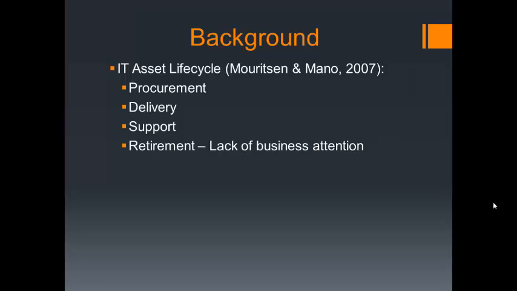Some of the other literature has shown that IT assets are not technically, in financial terms, categorized as assets. They're categorized as expenses, whereas capital is depreciated over time. Some companies will have, let's say, a $5,000 capitalization limit.